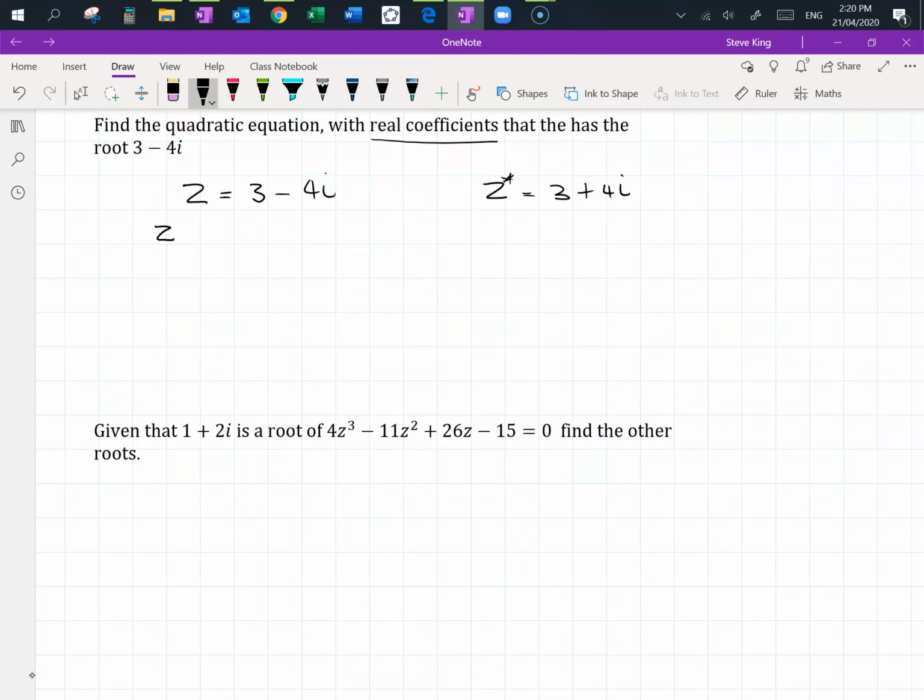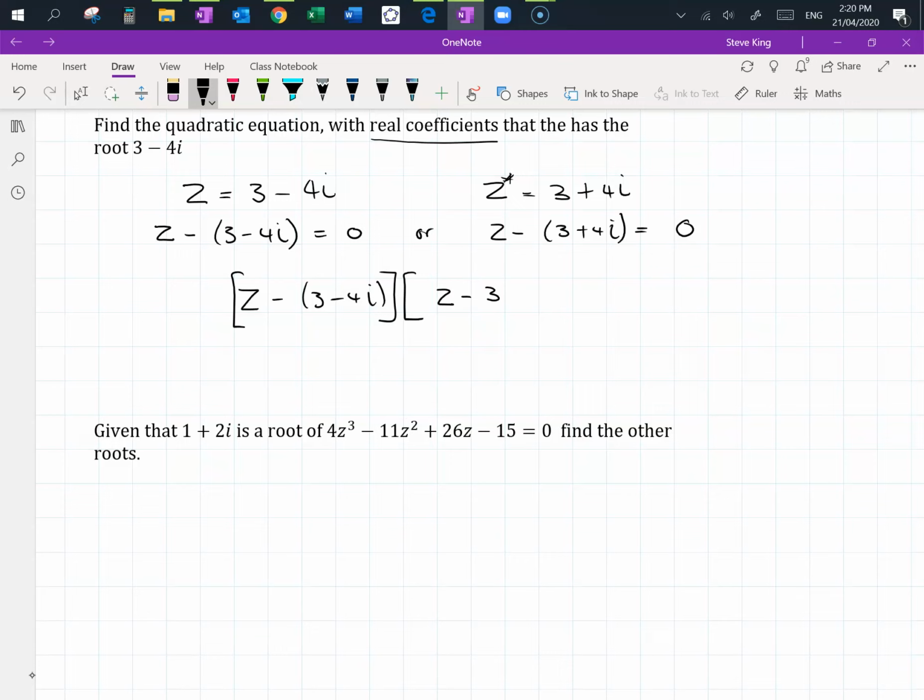I can say z minus (3 minus 4i) equals 0, or z minus (3 plus 4i) must equal 0. And if I multiply those two together, I get something that looks like this: (z minus 3 minus 4i) multiplied by (z minus 3 plus 4i) equals 0.